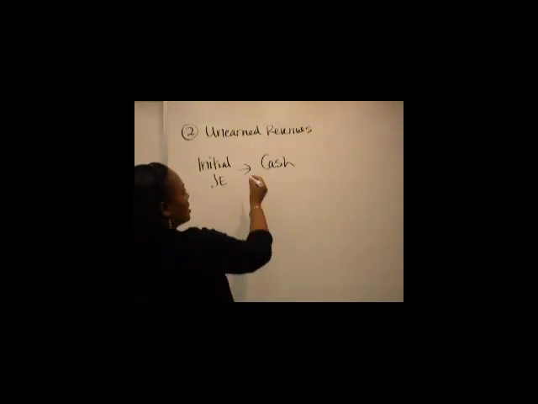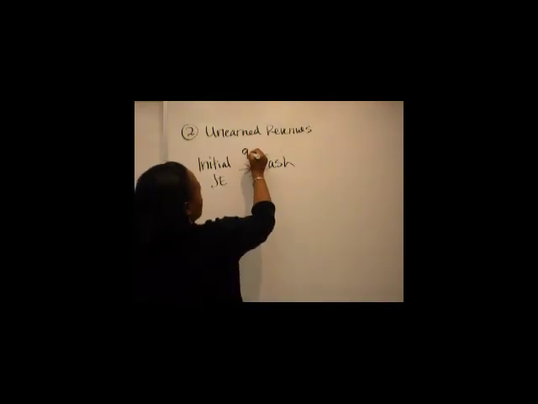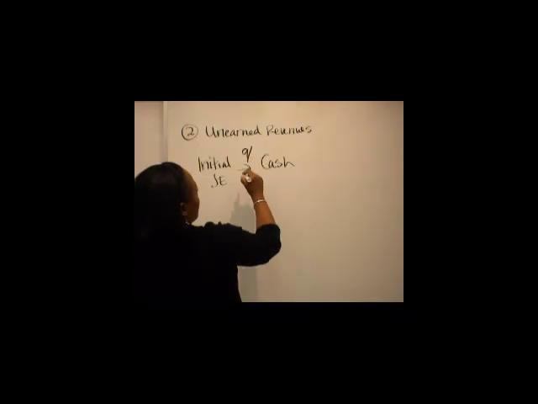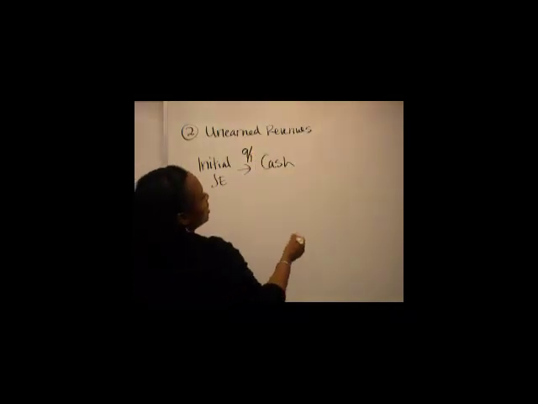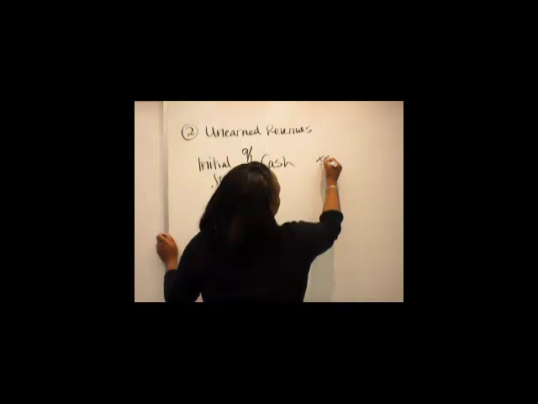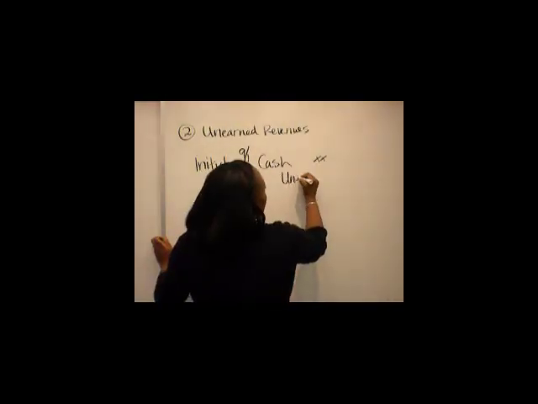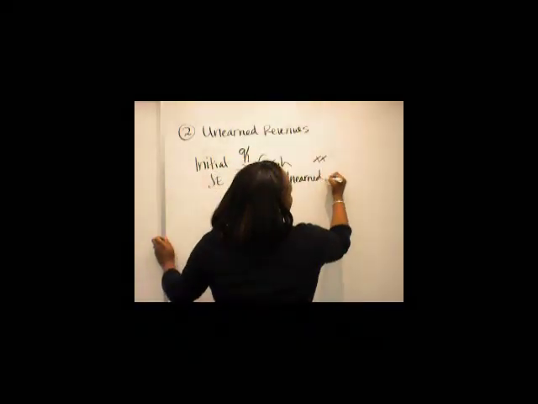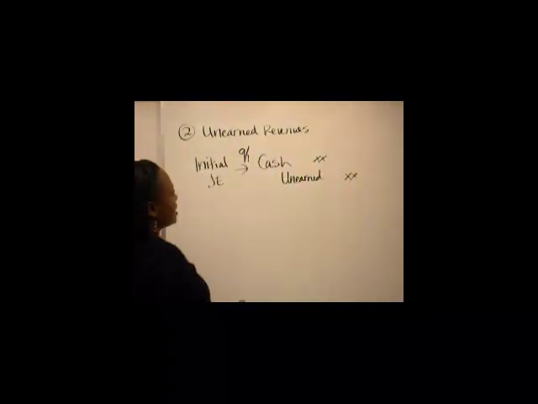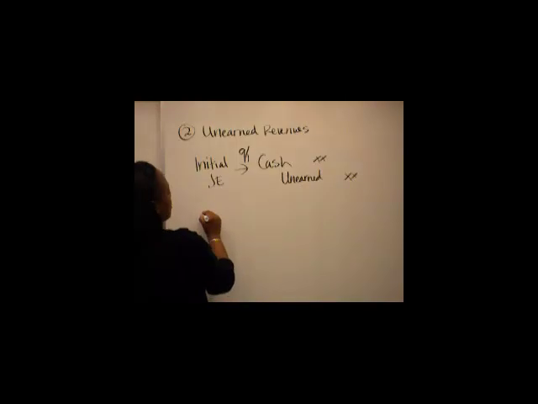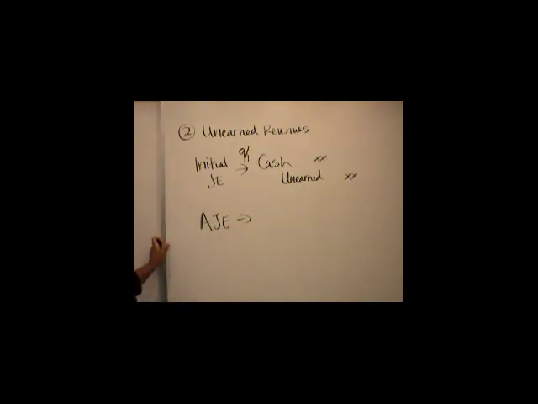What's today's date? Today is, let's say, September 1st, and you will debit the cash for the dollar amount that you receive from the customer. You will credit unearned revenues for the dollar amount received. Then, at the end of the period, you will record the adjusting journal entry.